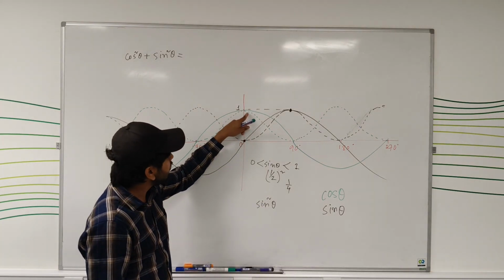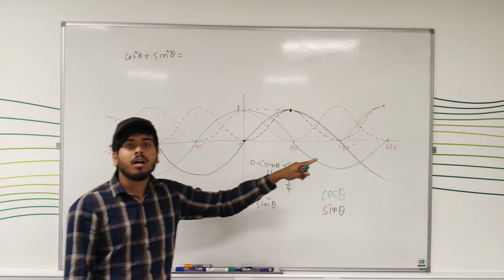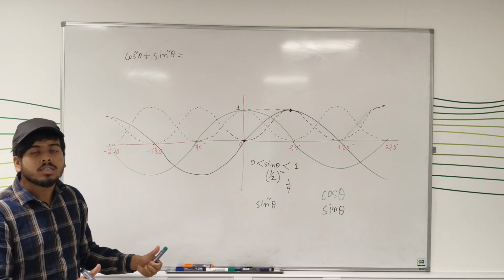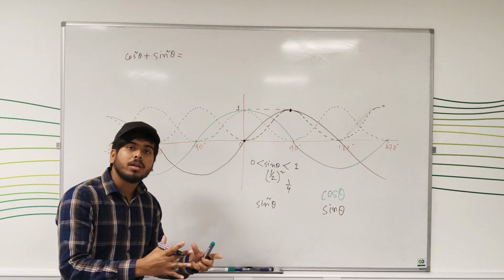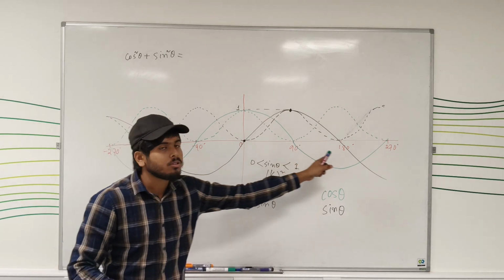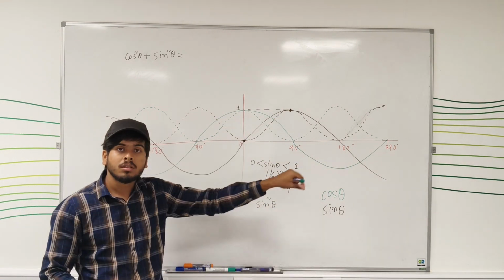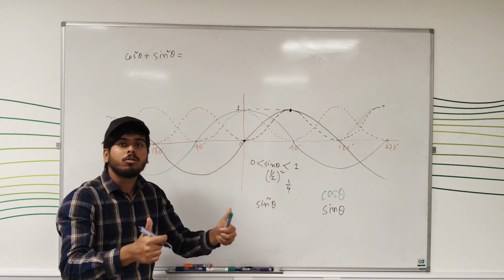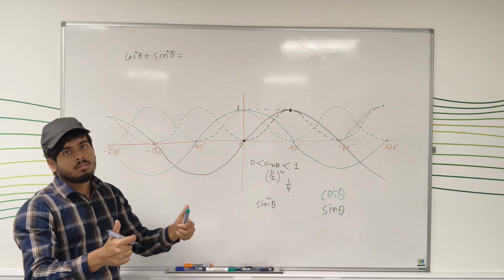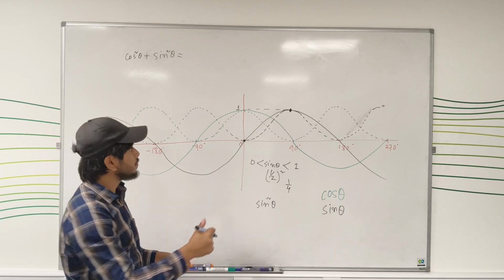You can try all these values of theta, calculate the values of sine square theta and cos square theta, add them together. You'll see that for all values of theta, the two dashed curves will always add up to 1. Very interesting.